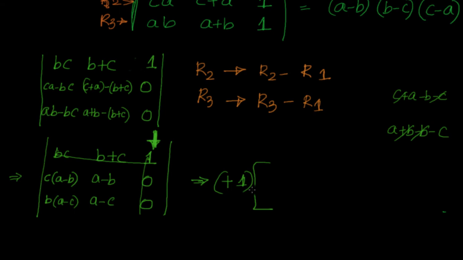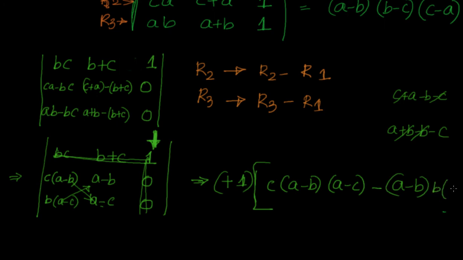If I take this element, this row and column is gone. C into (A minus B) into (A minus C), minus (A minus B) into B into (A minus C).